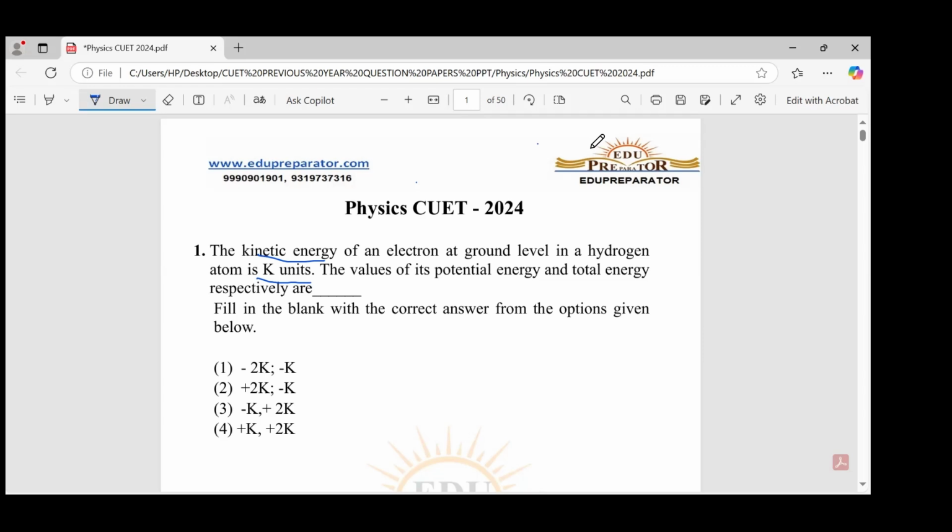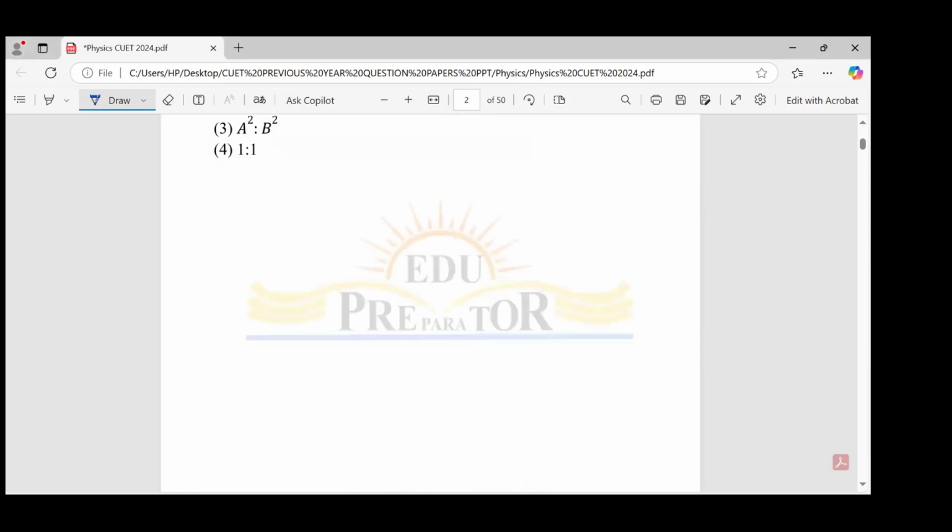So the answer should be minus k, and potential energy is also negative. So without solving, you can easily move to this. The question has the first option as the answer, correct? Let us move to the second question.